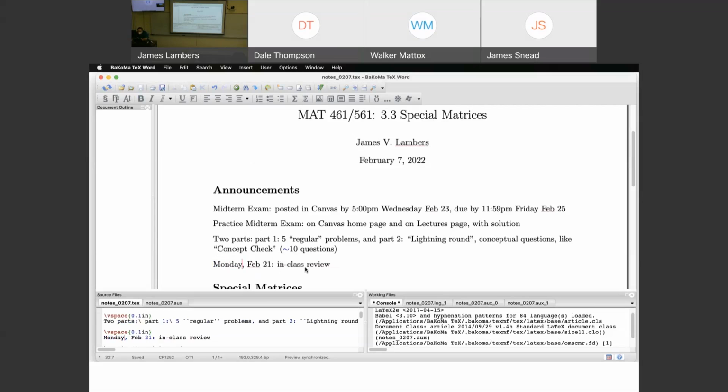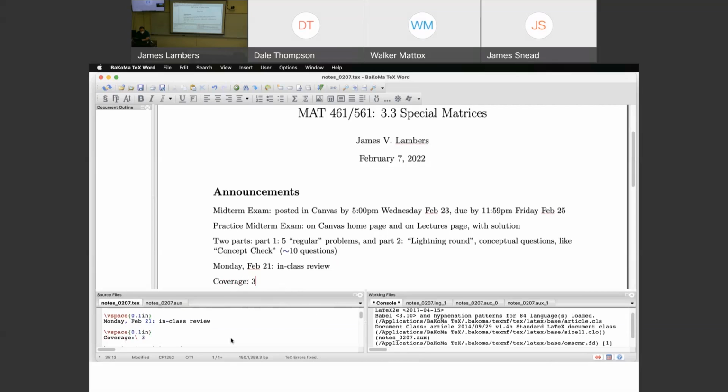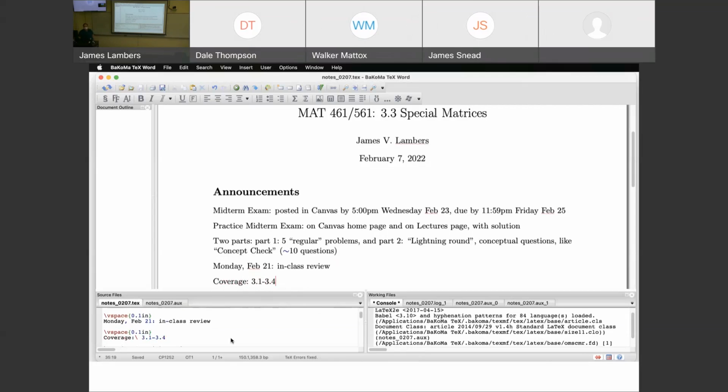Now, we just finished with the coverage. This is chapter 3, so 3.1 to 3.4. We've only seen 3.1 and 3.2 so far. We'll be doing 3.3 this week. And then I'll cover 3.4.